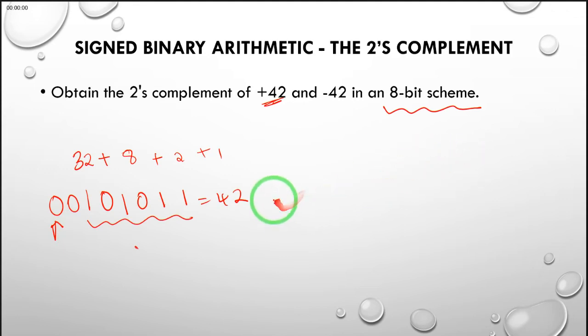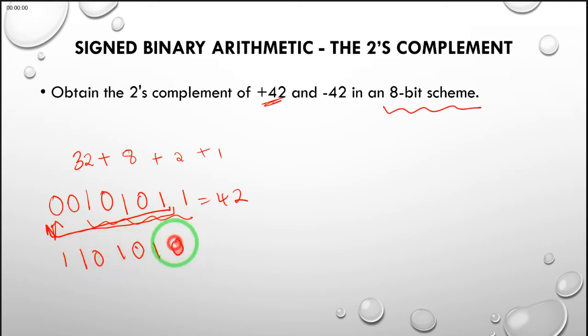Therefore, to obtain the 2's complement of this number, you can just use the same method, which simply means you're going to complement all the numbers except the least significant bit 1, and therefore we'll obtain 1 1 0 1 0 1 0 1. Therefore, this becomes equivalent to the minus 42.